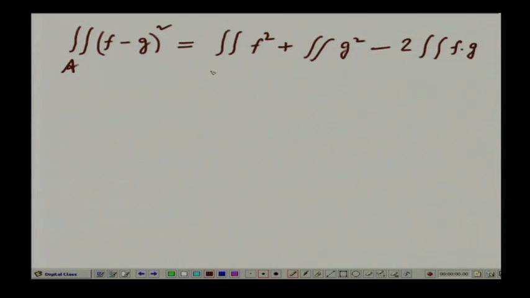All these double integrations are to be taken over the given region A. Now, you find that for a given template, the double integration of f squared is fixed, and also for a given image over the region A, the double integration of g squared is also fixed.